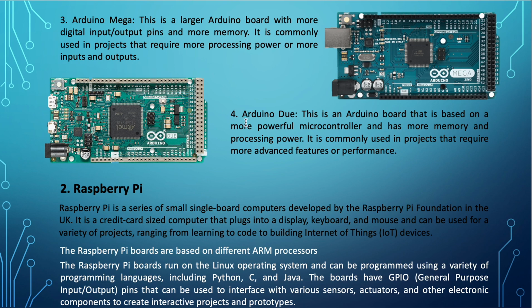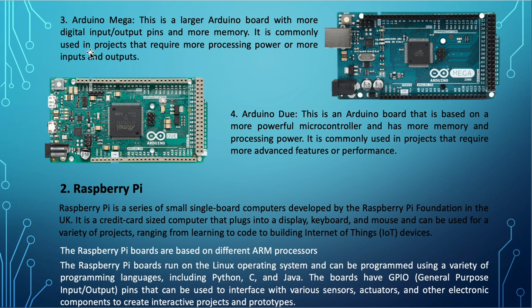Arduino Duo is the Arduino board that is based on a more powerful microcontroller and has more memory and processing power. It is commonly used in projects that require more advanced features and performance.